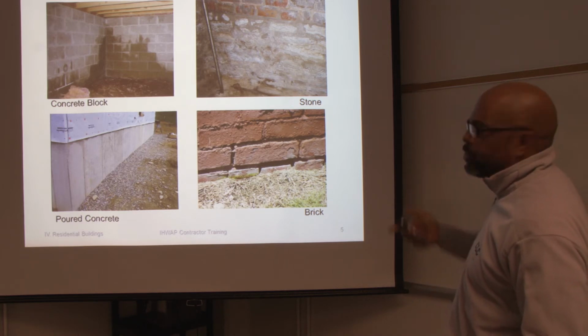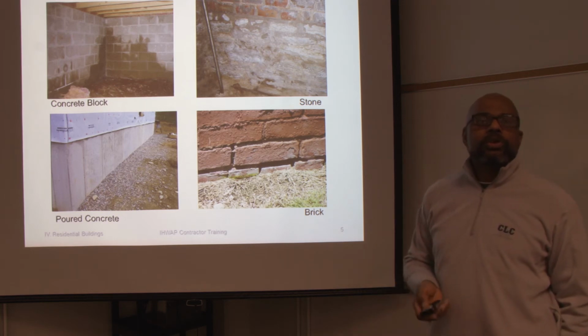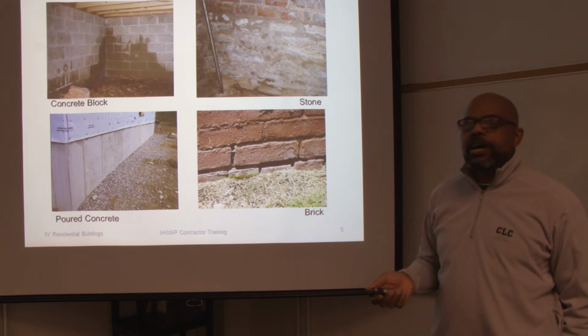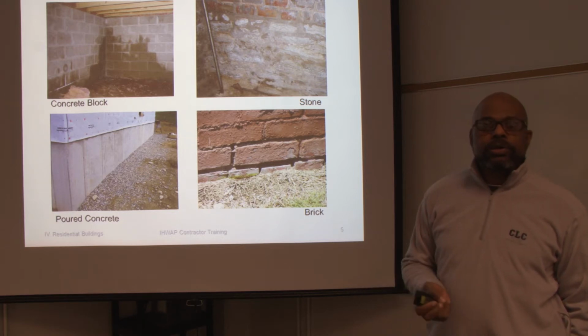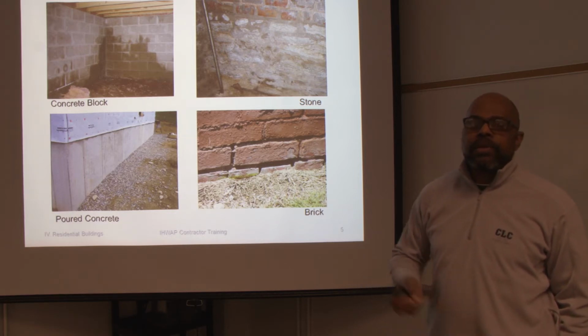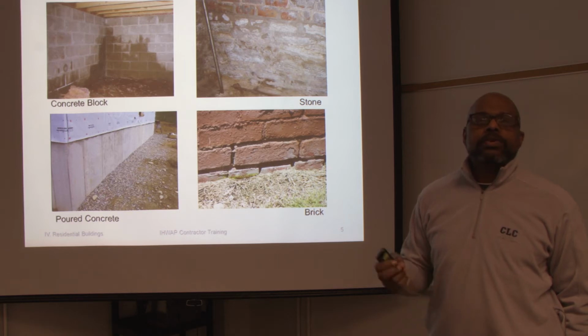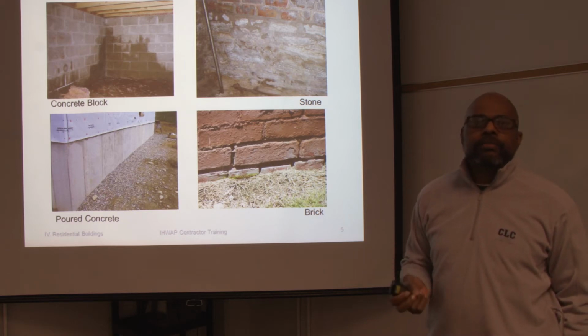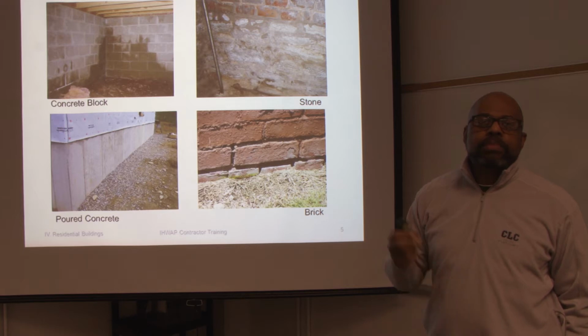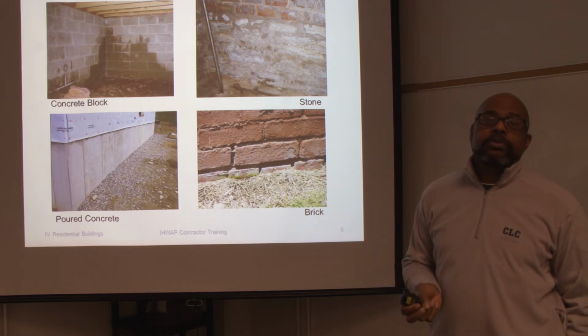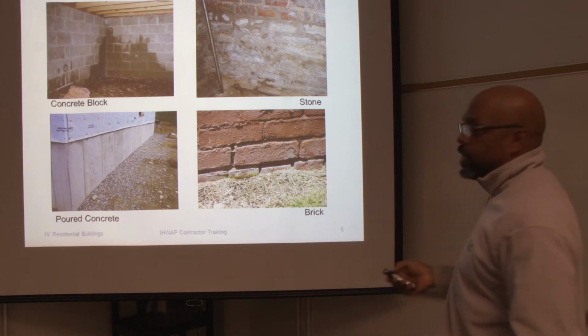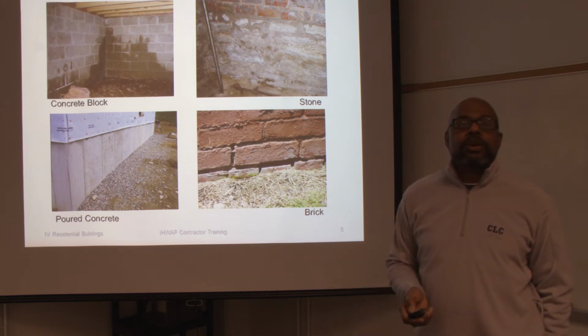These are older construction methods they used years ago. In some parts of the country, if houses were close to mountains or very rocky areas, they would build a house right on top of the ground because it was hard enough with rocks, or they actually blasted out parts of the basement or crawl space to build a house on top, because the ground was solid enough to support it.